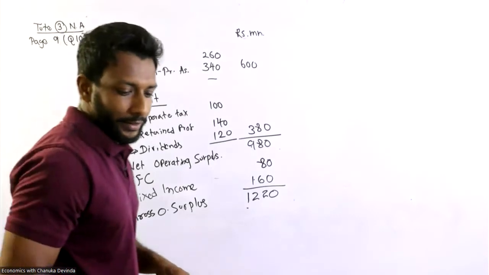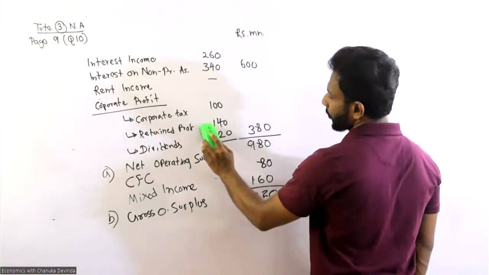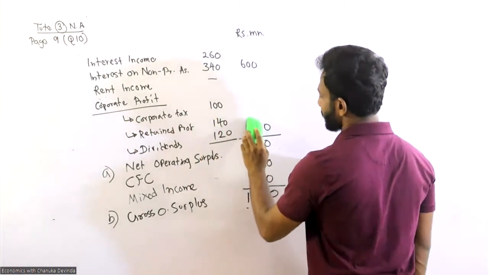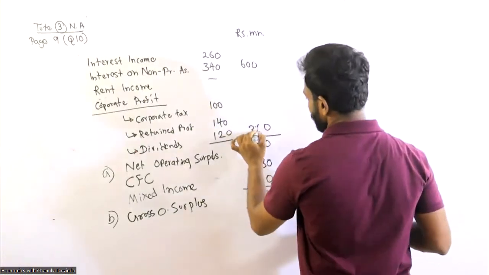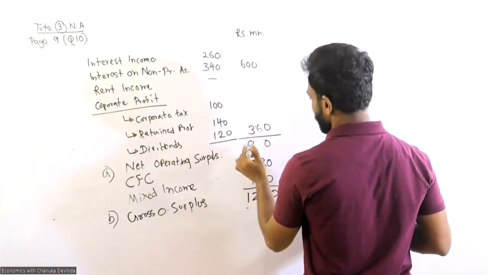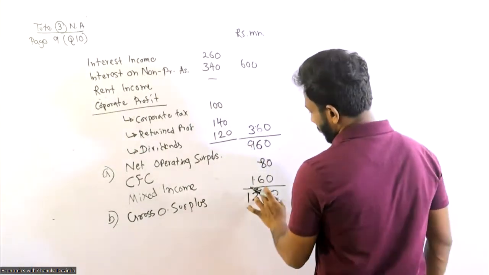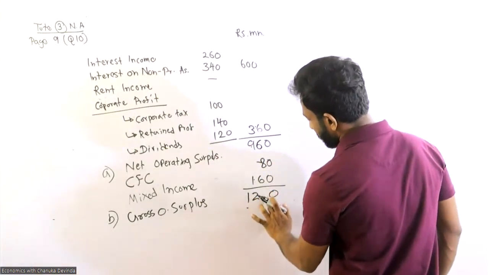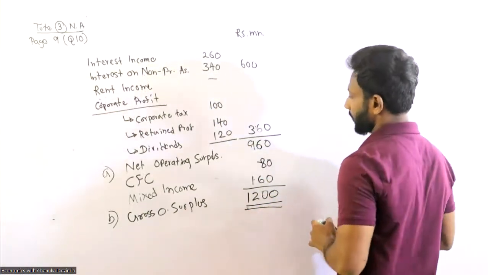Right, there's a little mistake here. 100, 200, 300, 360, not 380. 360. So here 960 and 20 should be minus. That means 1200 is the answer, right?